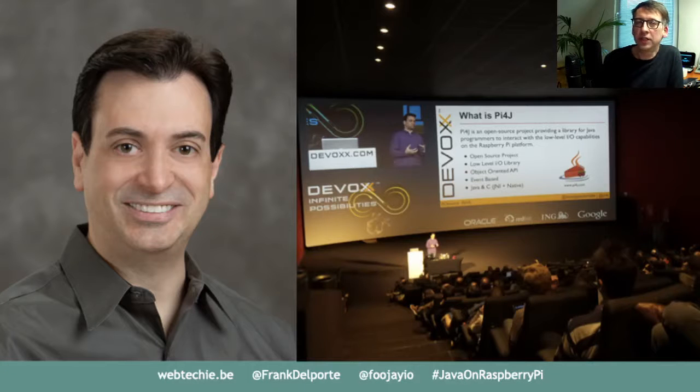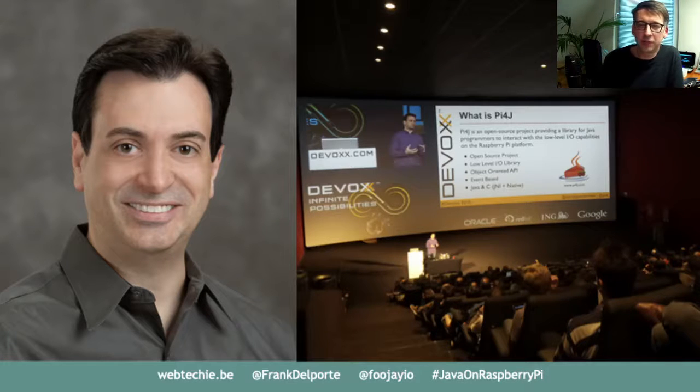The Pi4J project was started by Robert Savage already in 2012, and in 2014 he presented this at Devoxx in Antwerp. And since then it gained a lot of traction, a lot of users. There was at a certain moment the idea that Oracle would include this kind of functionality in Java itself, but that never took off.